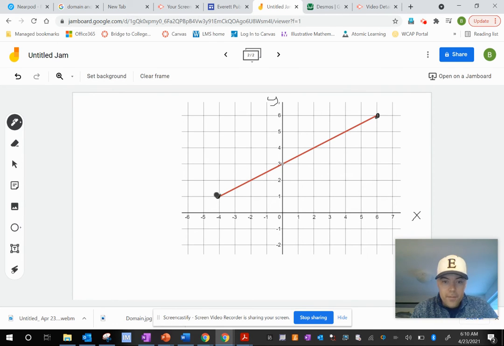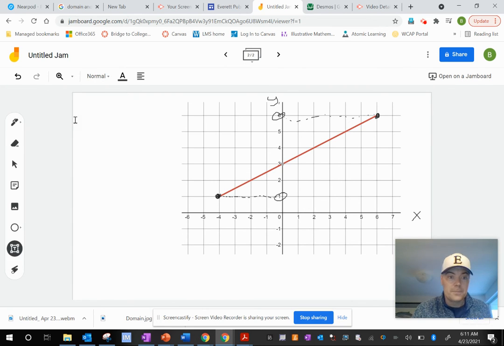So I'm going to draw a little dotted line that goes all the way over there, and this tells me where my function starts, right? So this is the start of the range. The range starts at 1. Okay, now if I go all the way up to the top of this function, the highest point, and I draw another line back to the y-axis, you'll see that it goes to 6.